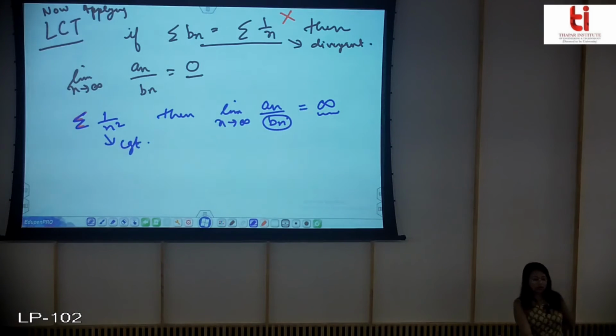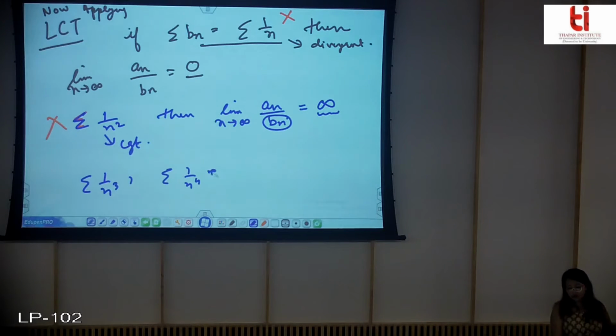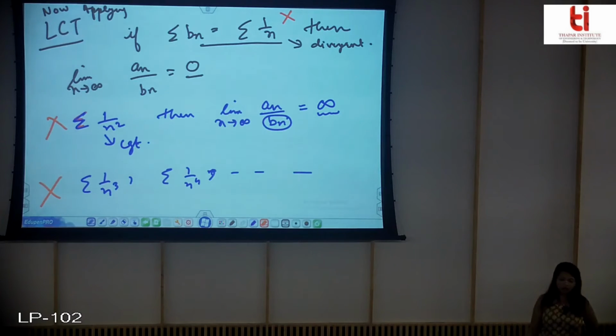Again you do not get any valid result. So this will also not work. And similarly if you take this or this or this, you see that none of these series is working. So all our choices of Bn are wrong. So now let's try another test.